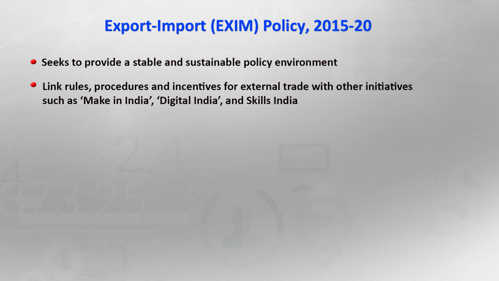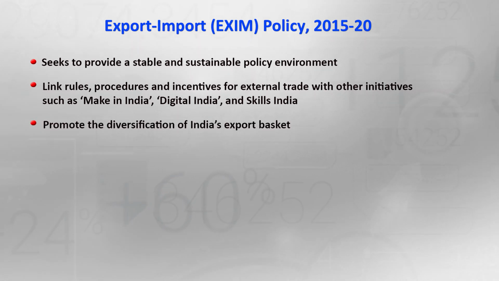So a proper link can be provided in the rules and procedures related to external trade by considering the Make in India program, the Digital India program and the Skill India program. This EXIM policy of 2015-20 promotes the diversification of India's export basket. More items should be included in the export basket. That was one of the objectives.